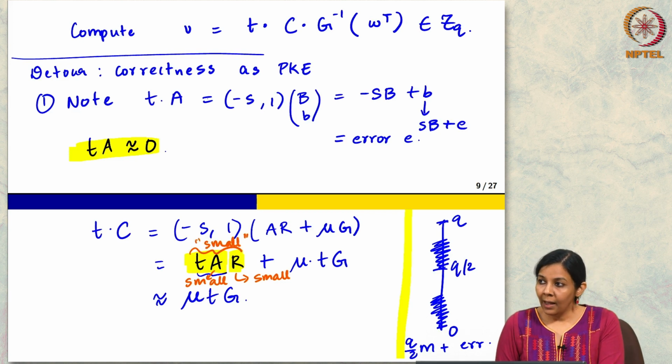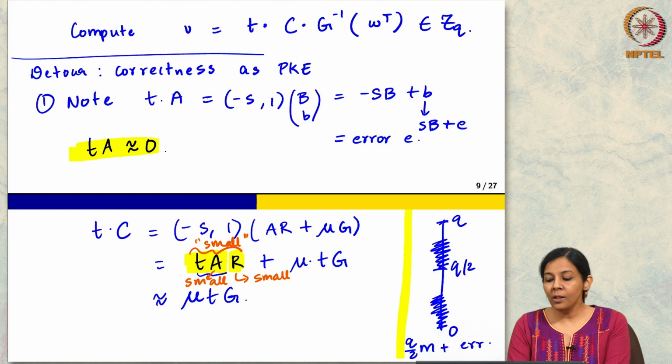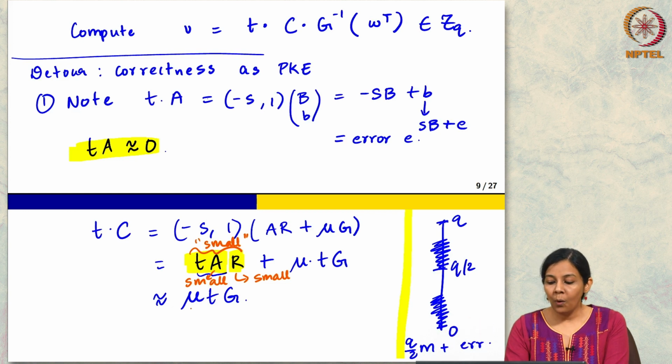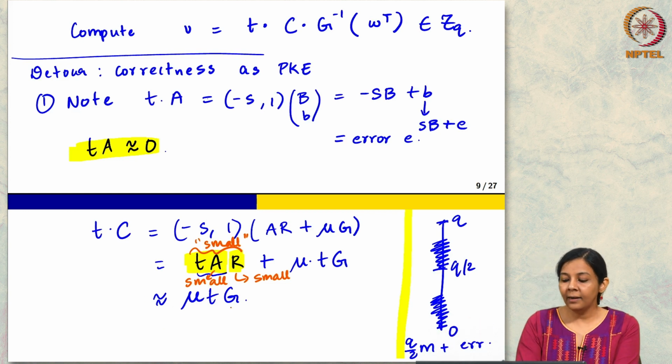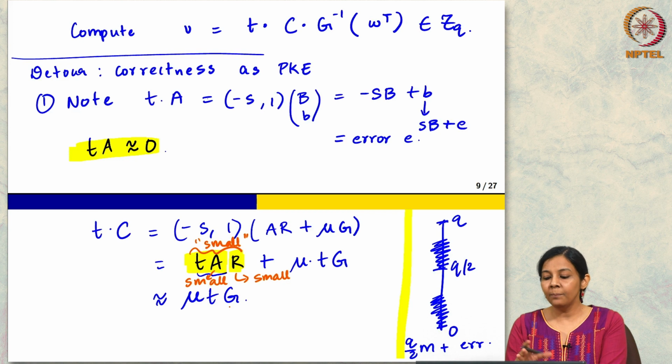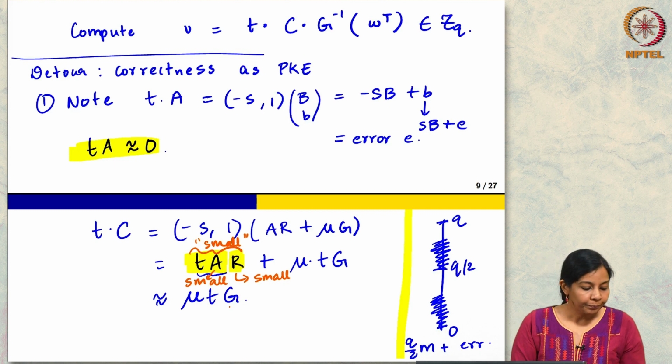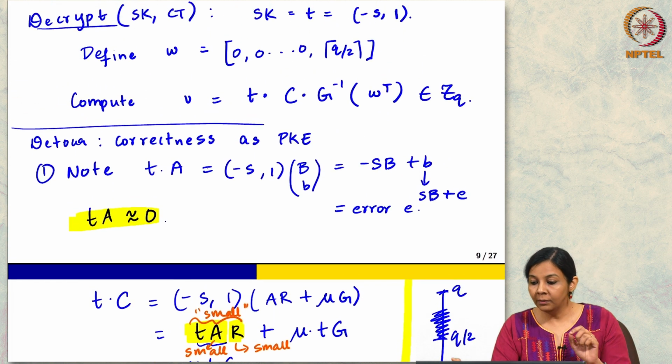And if this whole thing is small, then let me ignore it, for intuition at least. So, I can say that t times c is approximately mu t times g. Alright, good. Let us now go back to the decryption process.